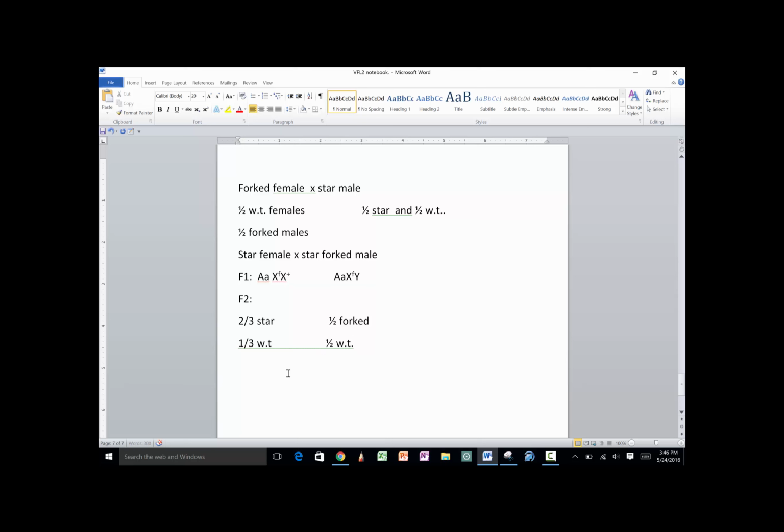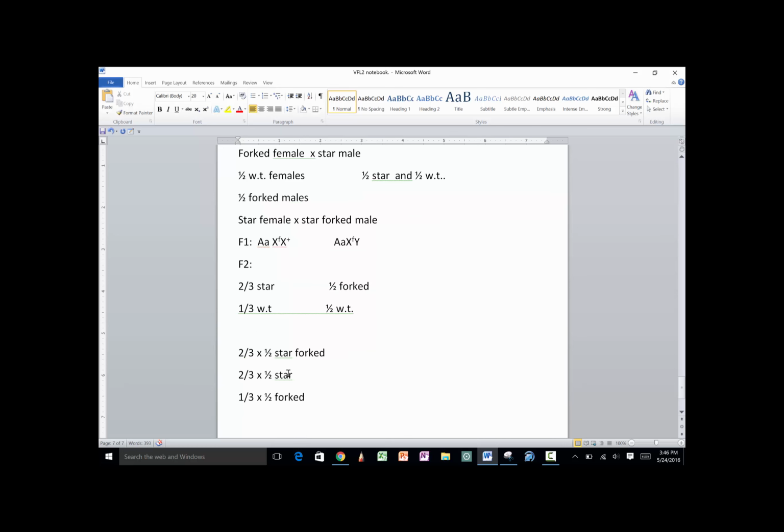So now we expect 2/3 times 1/2 star forked, 2/3 times 1/2 just star, 1/3 times 1/2 just forked, and 1/3 times 1/2 wild type.